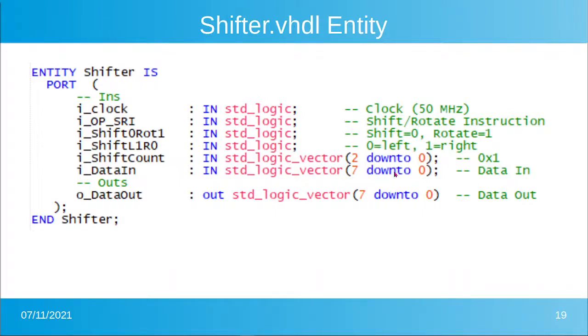Now again, that's going to be hard-coded to a value of 1, and then data in, and then data out. So data in comes out of the register file. This works just like an AND register immediate instruction. It picks up the register, sends it through the shifter just like it would send it through the ALU, and then shoves it back in. So that's the data out pins. So that's all the entity would look like.